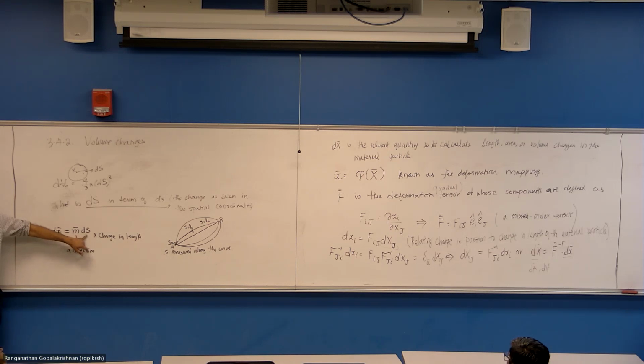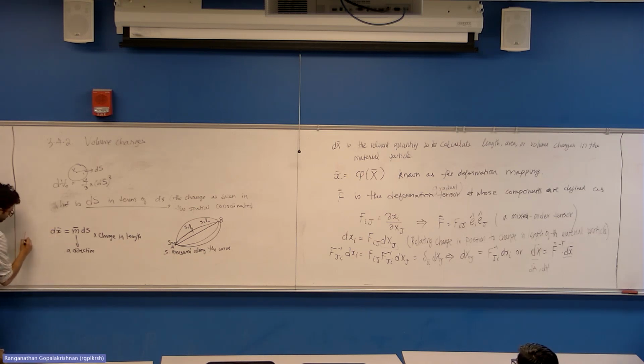Is this making sense? Yes, no? Okay. So we want to first write this, and this dx here is the local deformation. It is localized to a point, so we call it local deformation. And we want to write what is M?